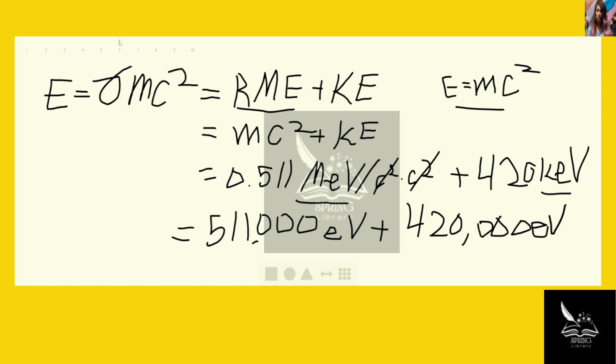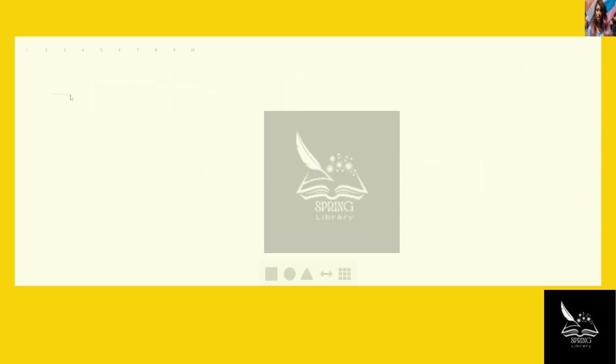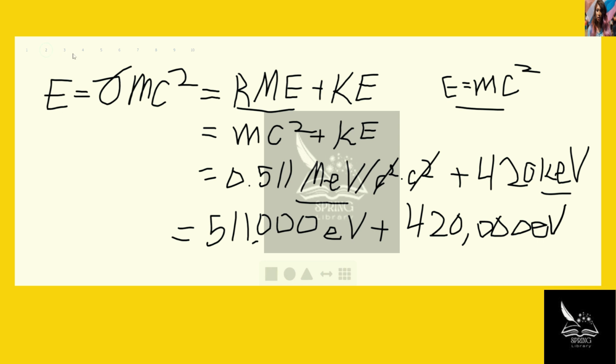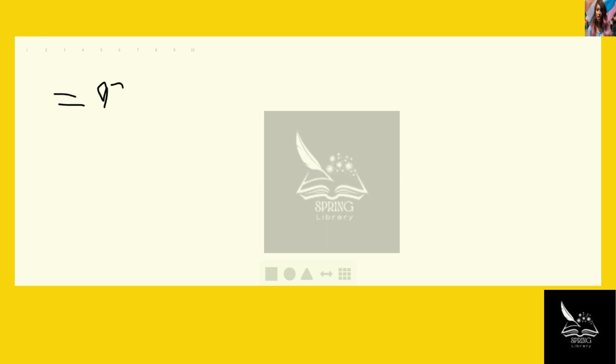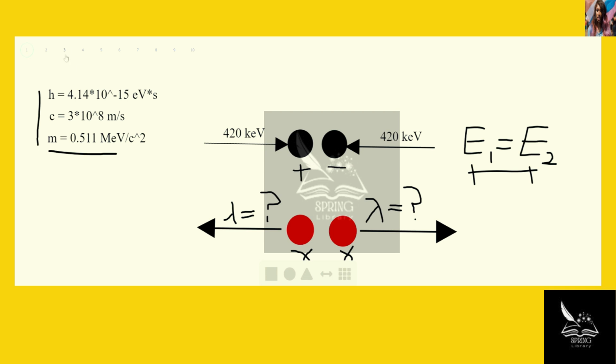The result is 511 plus 420, which gets us 931,000 electron volts. But this is per particle, and we have two particles, each with the same energies.